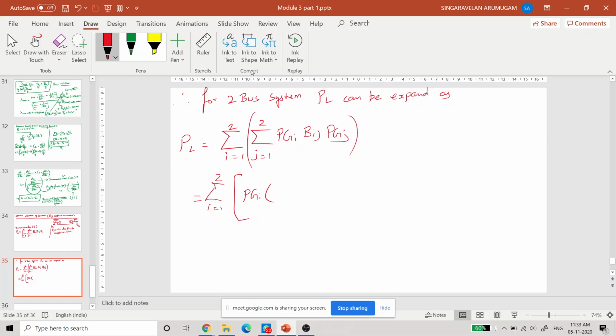So only these two terms remain: B i1 and then PG1, plus, wherever I am getting J, I need to add 1 and 2, so again B i2 and then PG2.